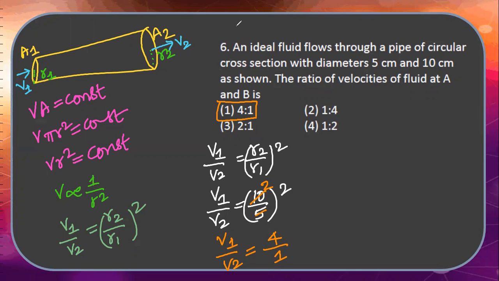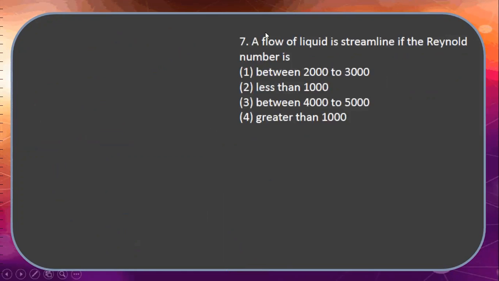Next problem. If the flow of fluid is streamlined, the Reynolds number is a pure number that will give the nature of the fluid flow. If the Reynolds number is less than 1000, it is called streamlined flow.